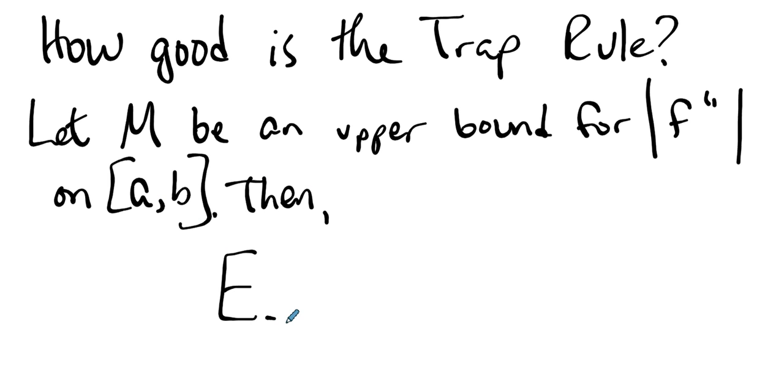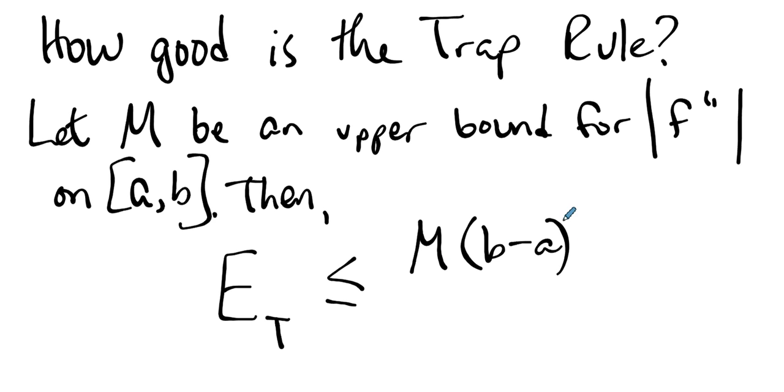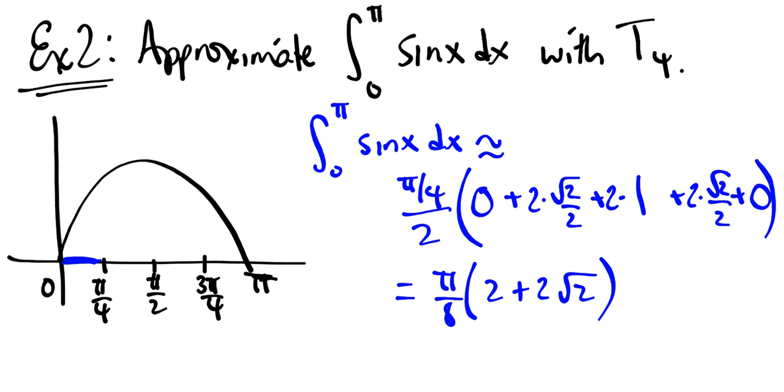Then the error relating to the trapezoidal rule is less than or equal to that number M times (b minus a) cubed over 12n squared. What? Well, let's go back here a moment. How good is this approximation? The error is less than or equal to capital M times (b minus a) cubed over 12n squared.